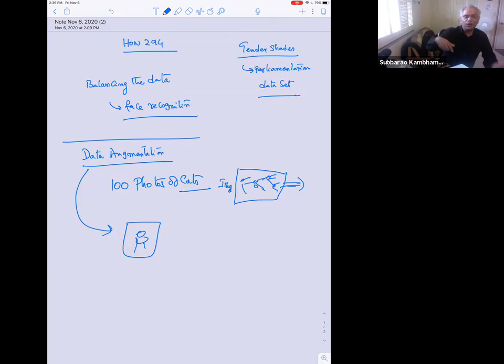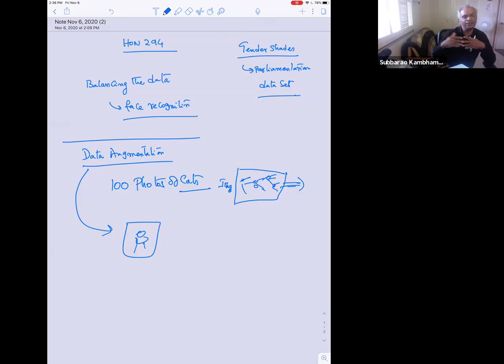So if you do this, it has increased the amount of data available. You started with 100 cat pictures, then you got another 500: for each picture you did 5 different crops, and that will be 500 new pictures. And for each picture you did 6 rotations.